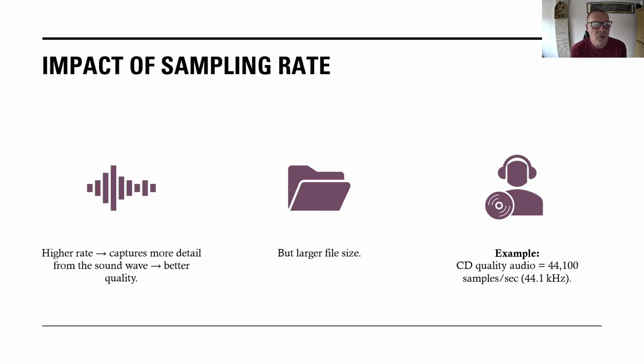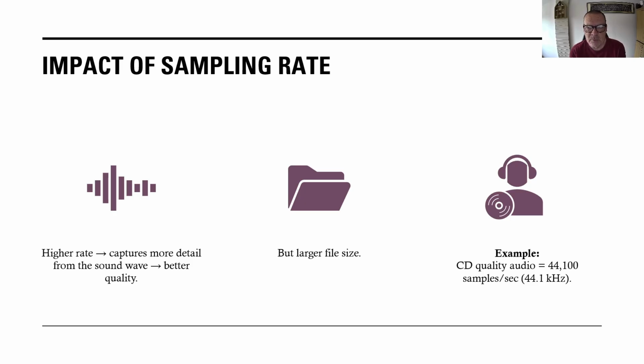So if we increase the sample rate, make a higher sampling rate, then we get more detail, we get fewer gaps, so we have better quality. Imagine you had a very slow sampling rate, then the gaps in the sound would become noticeable and the quality would be bad. If we increase the sampling rate, we get rid of gaps and we make it more accurate, but we end up having a larger file size because we're storing so many more numbers.